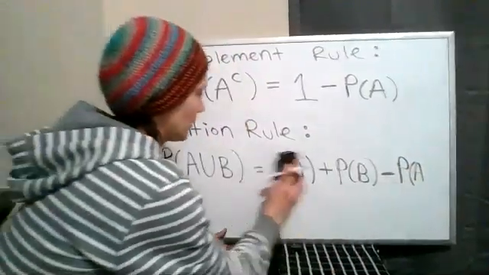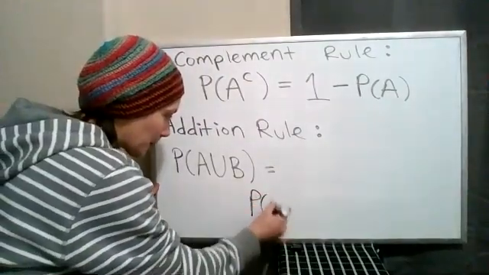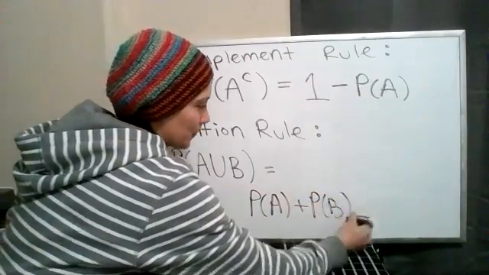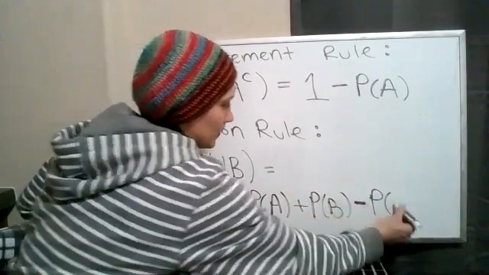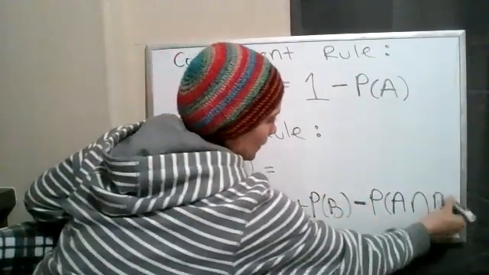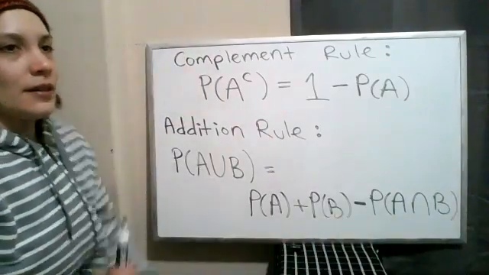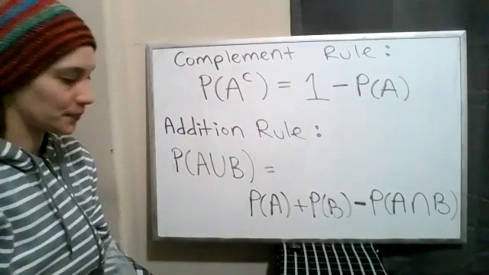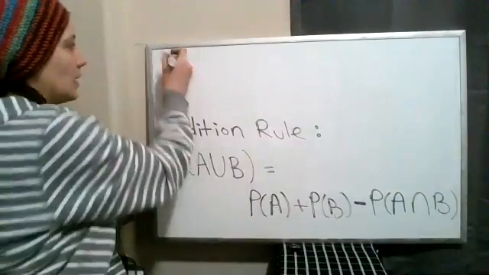Let's write it below. Okay. Rule, disjoint sets. Okay.